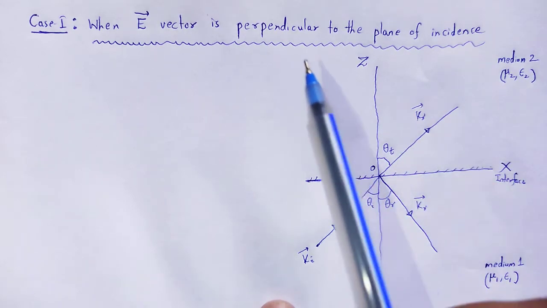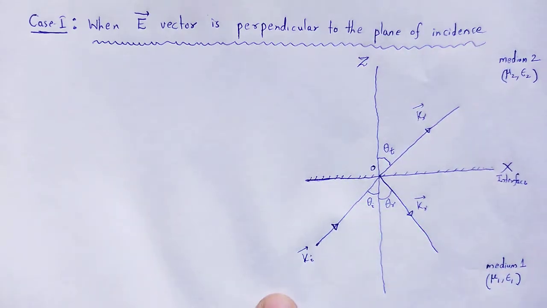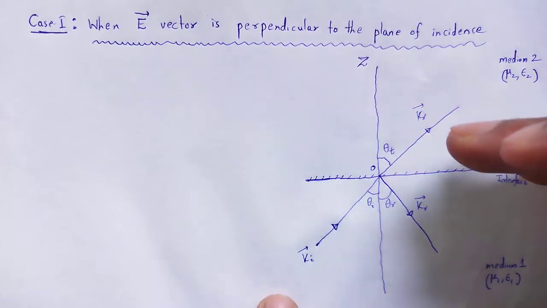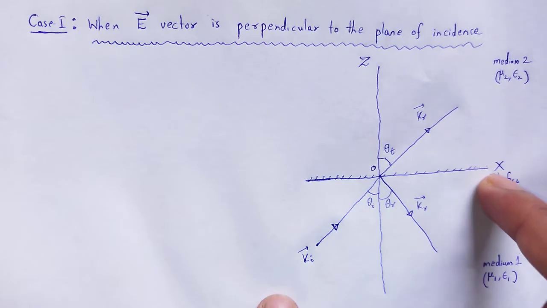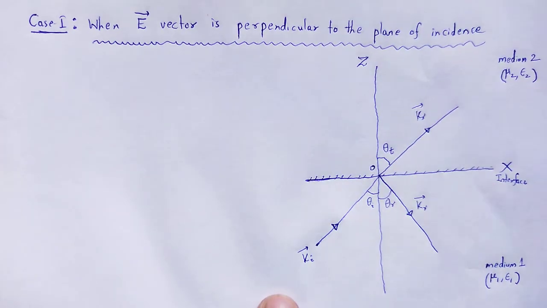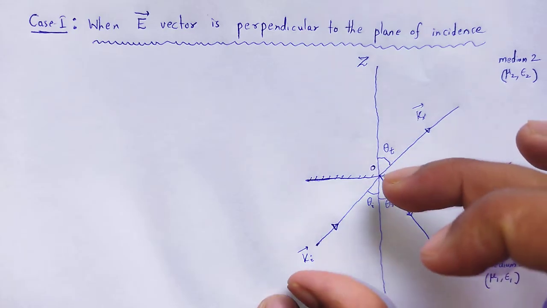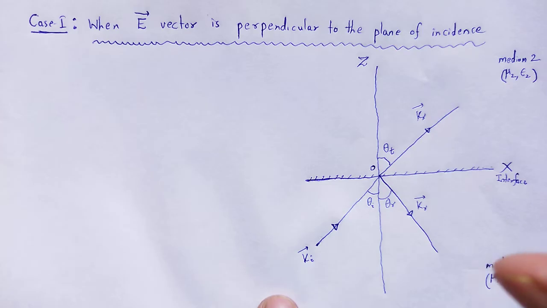As we consider the E vector perpendicular to the plane of incidence, that is the plane of incidence at the x axis, as we say z is equal to 0. In an electromagnetic wave, the electric field as well as the magnetic field are both perpendicular to the direction of propagation.